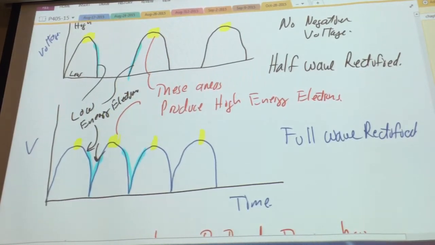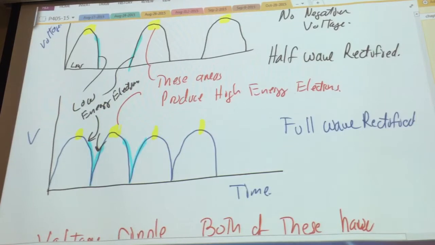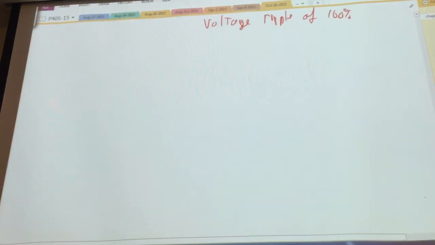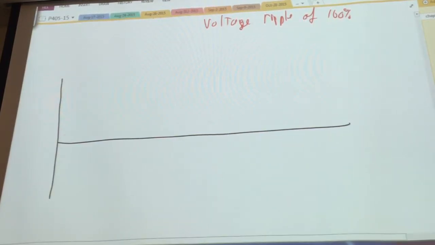All right, so now that you have some idea of what voltage ripple is, the next incarnation of this is to take a full wave rectified signal here. So far, that's just the same as what we had before.